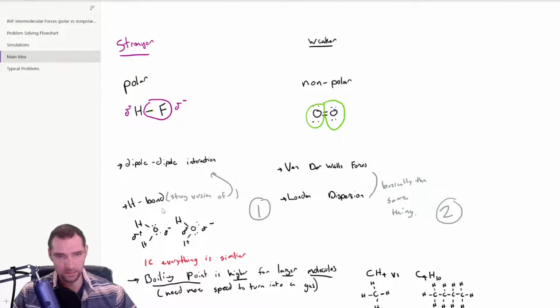And you can see that there's a whole lot of electrons on this side and not very much on this side, and so they get attracted to each other. So there's a pretty strong connection between water, and this is why water is so special. It has very polar, very strong interactions that are given a special name called hydrogen bonds, which is kind of weird because we don't really call these interactions bonds besides the strongest one.